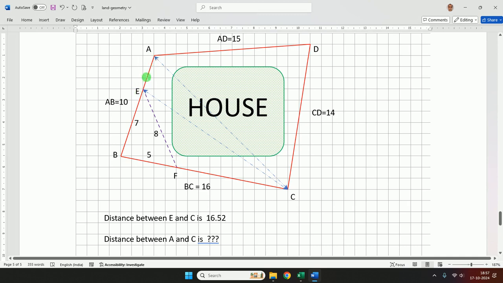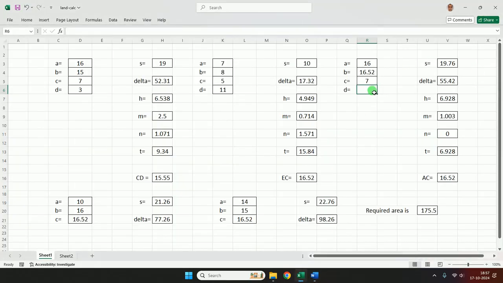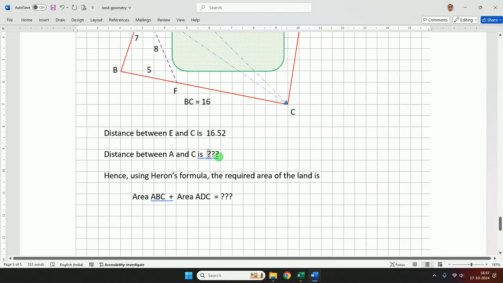D means this extended part. So total is 10 and this is 7. So 10 minus 7 is 3. So this is vacant. Here I have to write 3. So if I write 3, now the answer is 17.61. So this one, AC, is 17.61.